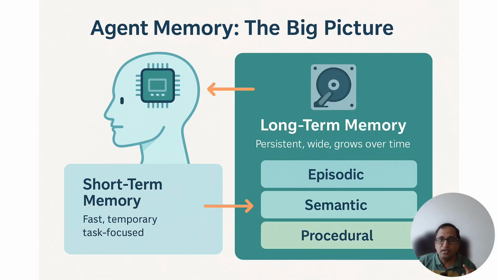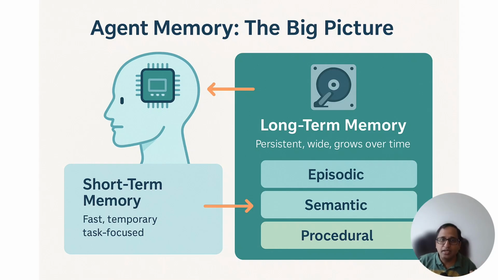Long-term memory, on the other hand, is what gives the agent a sense of continuity. It holds on to facts, patterns, preferences, things that stay relevant over time. This memory evolves. It grows as the agent interacts more, learns more, and experiences more.